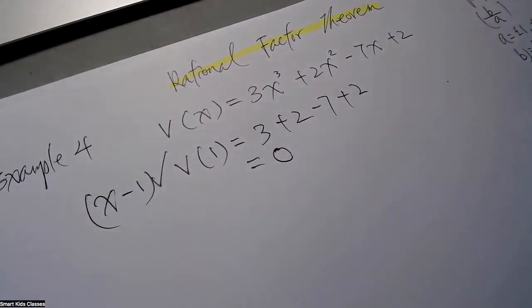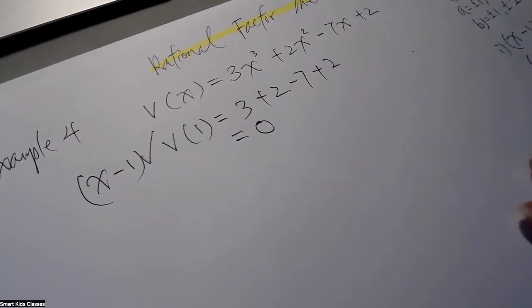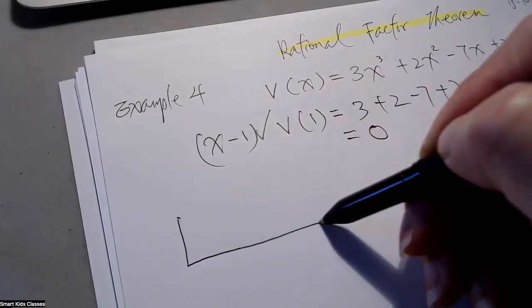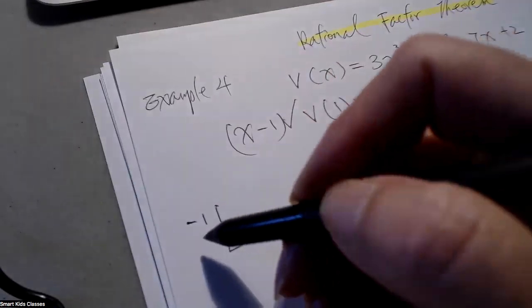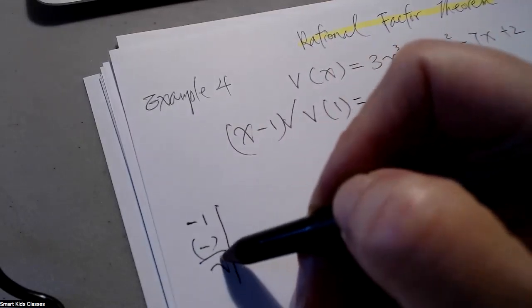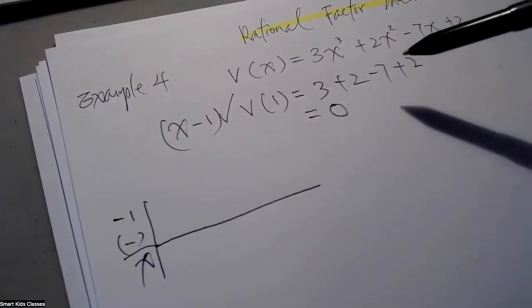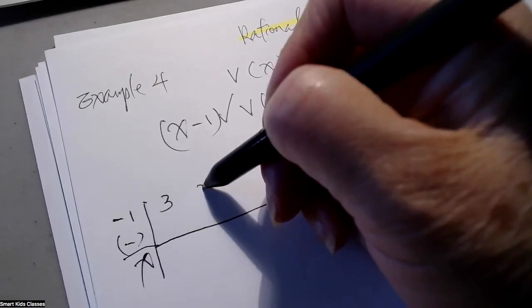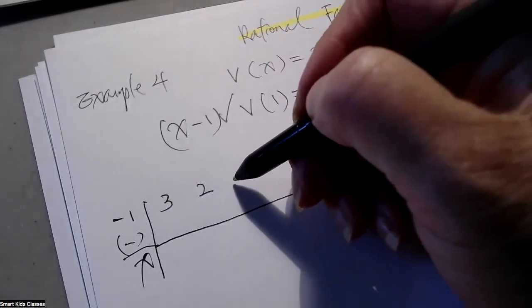Now for the next one, we are going to use synthetic division to find the answer. So we are going to do it here. For x minus 1, we put 1. Now we're going to put in all the coefficients: 3, 2, negative 7, and a positive 2.